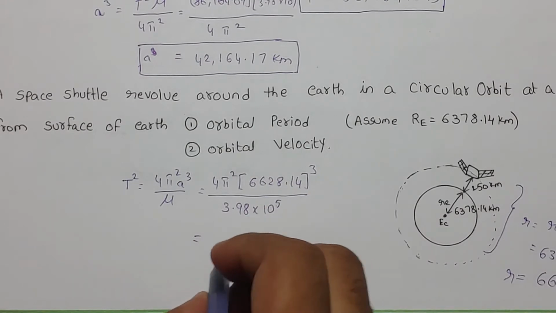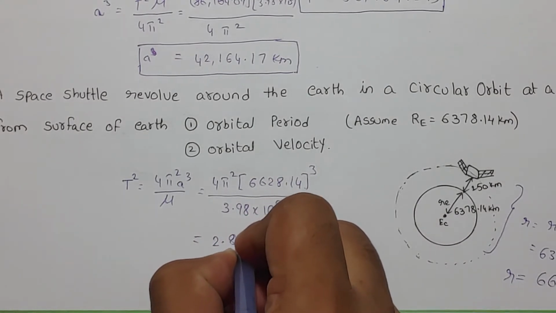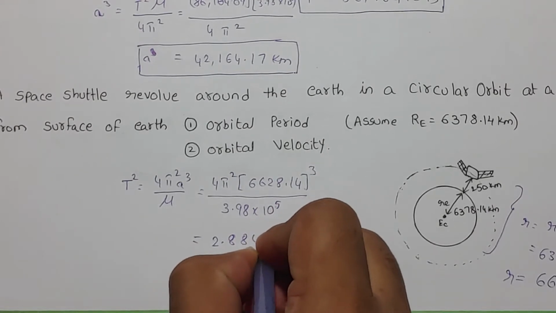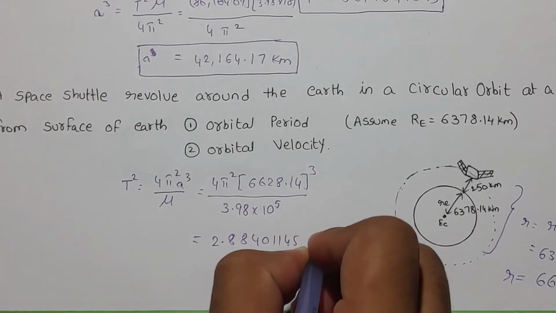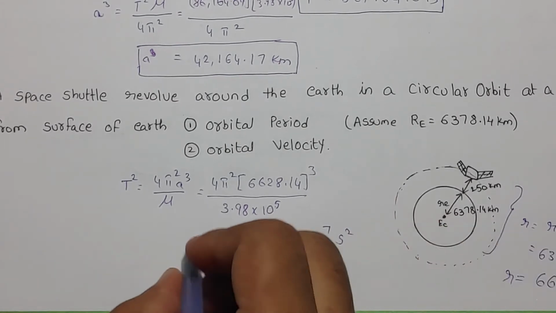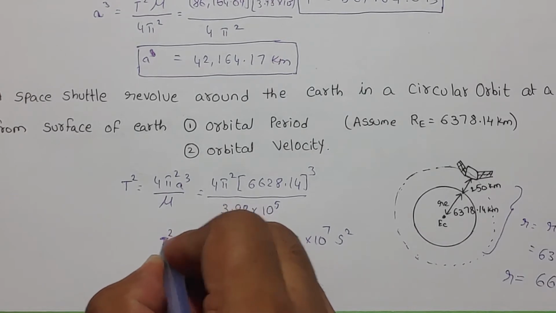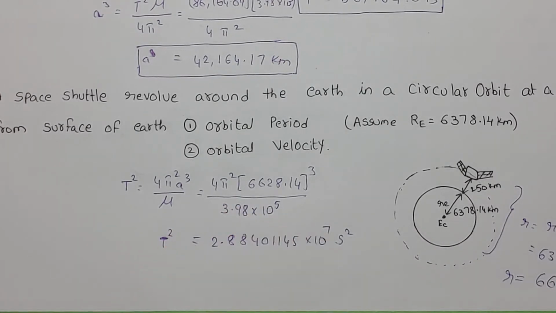By doing the calculations, we end up with 2.88401145 into 10 to the power of 7 seconds. This is second square, because the time is in the form of T square.